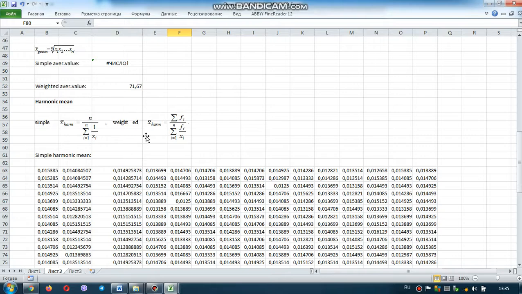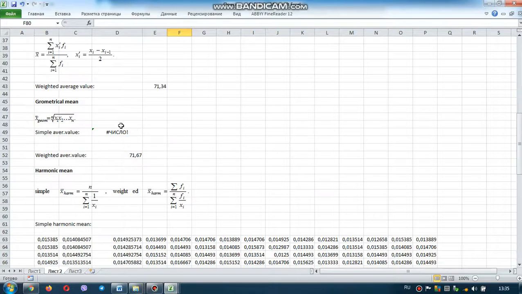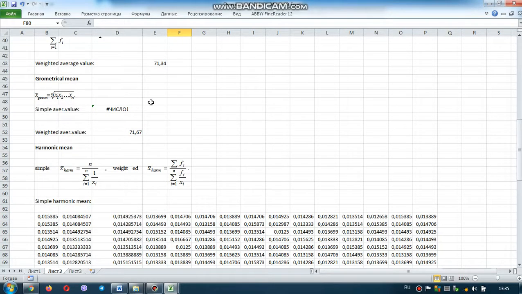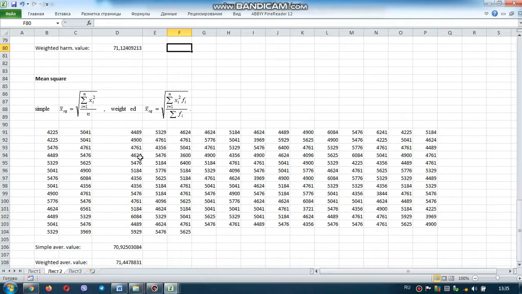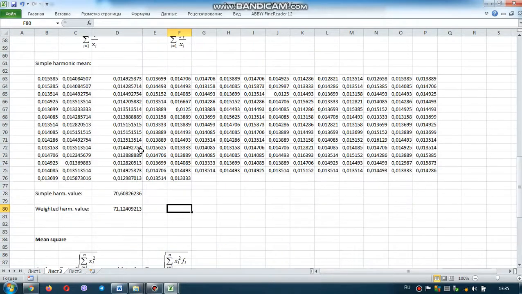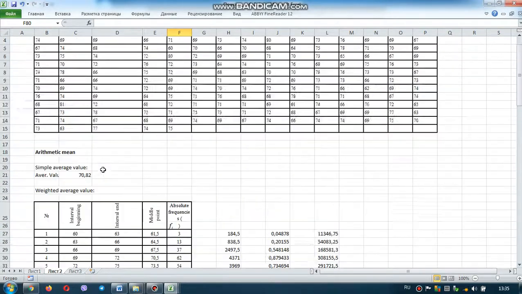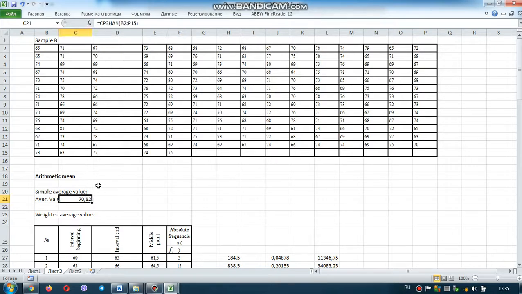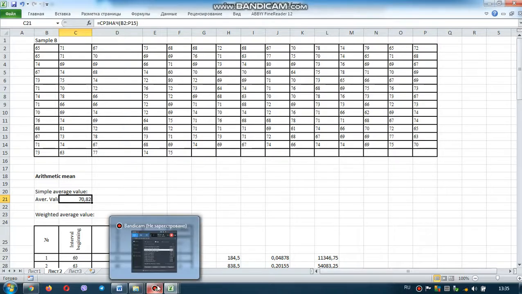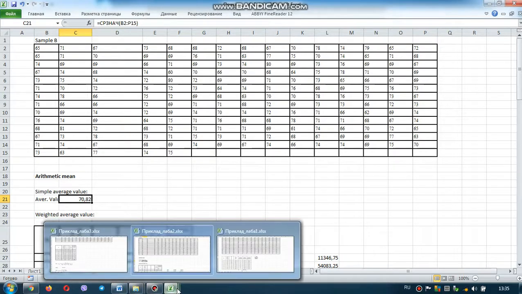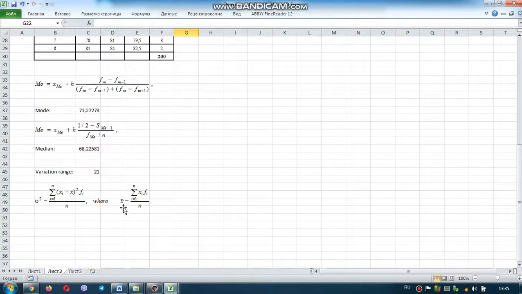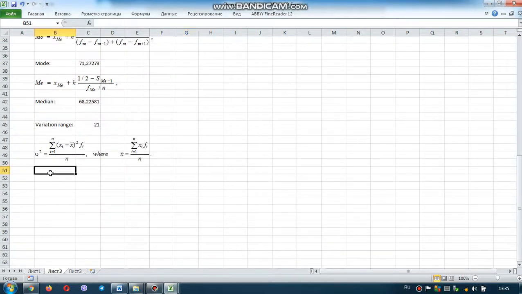The average value for the sample B we determined here in our previous laboratory work. This is 70.82. So let's begin.